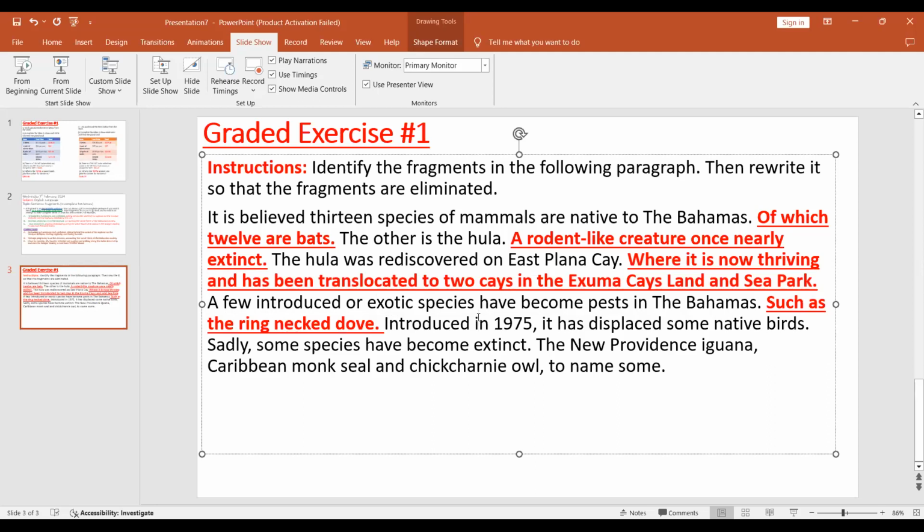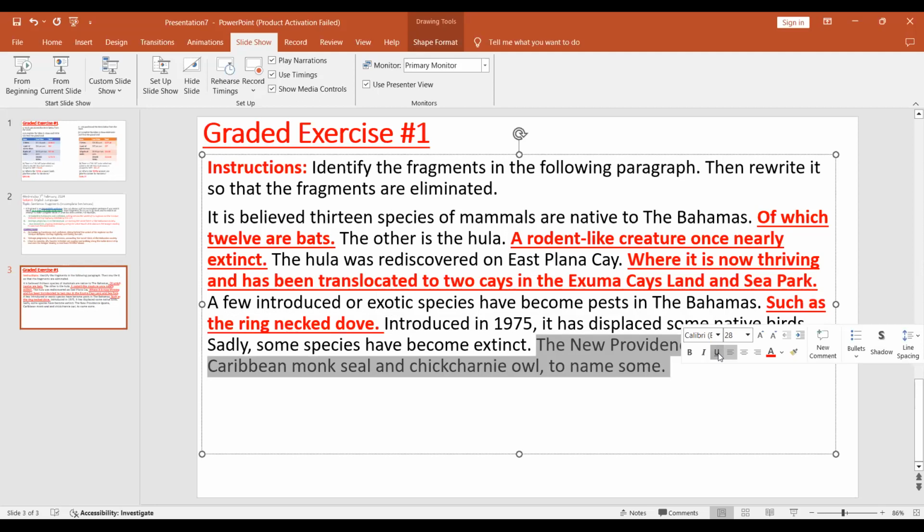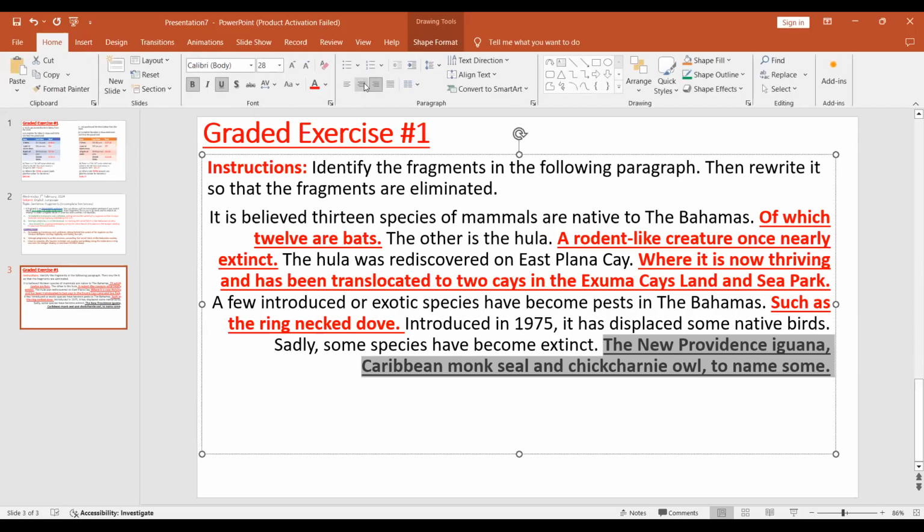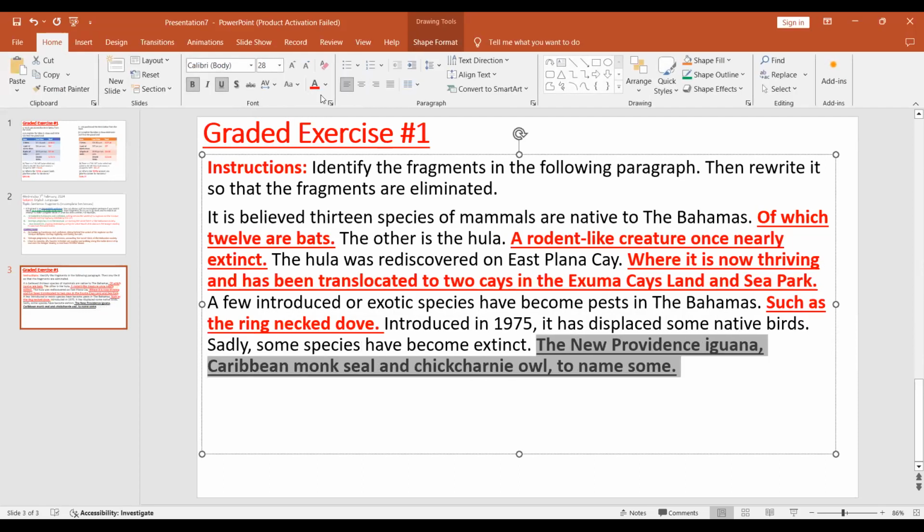New Providence iguana, Caribbean monk seal, and Chickcharney owl, to name some. Yeah, those. Okay, let me fix this. So those are the ones that we need to correct, right? So we need to correct all of the ones that are in red. So let's make it happen.